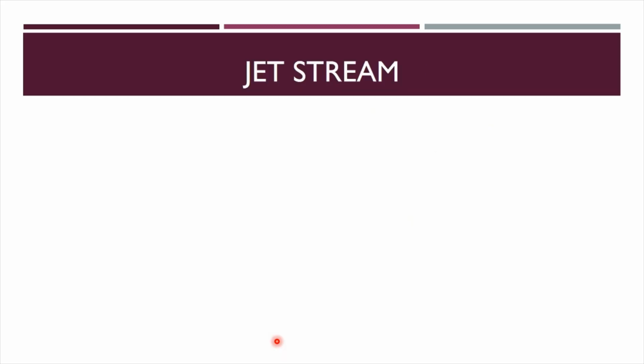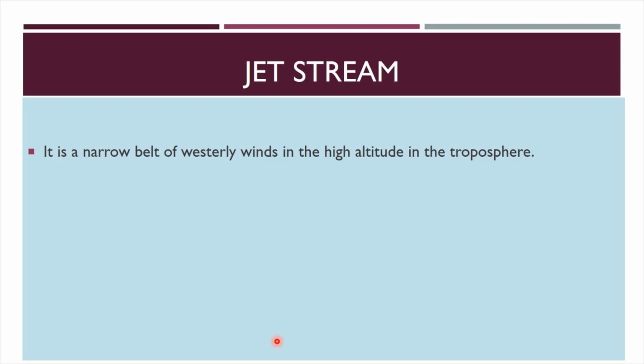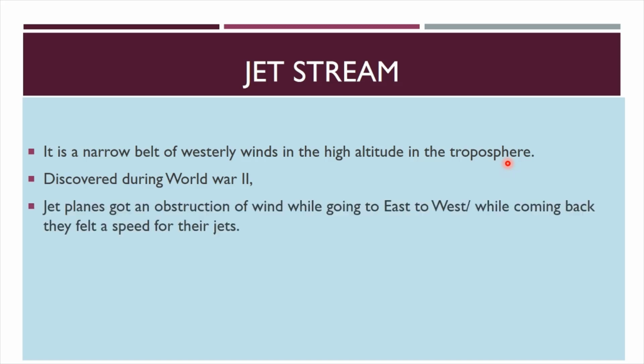The last topic of this chapter is jet streams. It's a narrow belt of westerly winds at high altitude in the troposphere. You know that our atmosphere has the troposphere, stratosphere, and mesosphere. It was found during the Second World War. What had happened during the war?